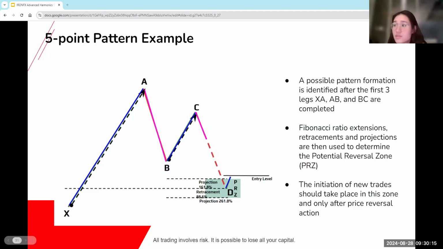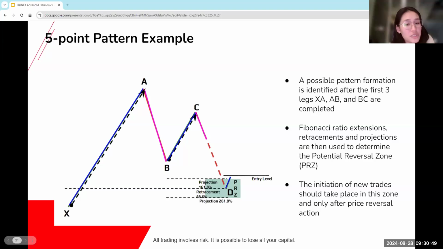Here you can see projection at 161.8, retracement at 88.6, projection 261.8. A possible pattern formation is identified after the first 3 legs, XA, AB, and BC are completed. So you're projecting your reversal to happen from somewhere here. Your entry level should start about past this area here.